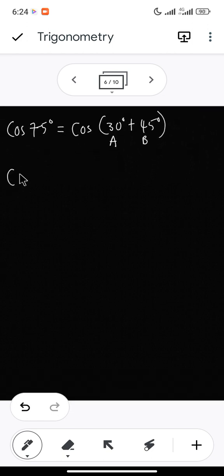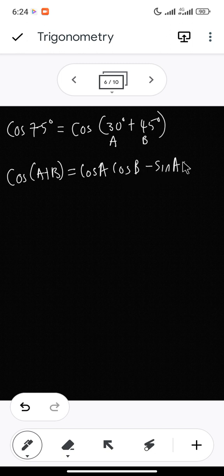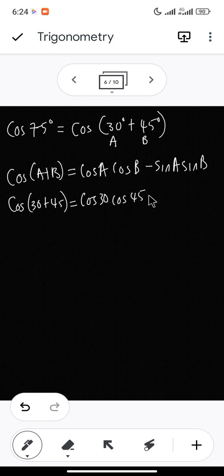We're just going to plug this in. That means cos(30 + 45) is going to give us cos 30 cos 45 minus sin 30 sin 45.